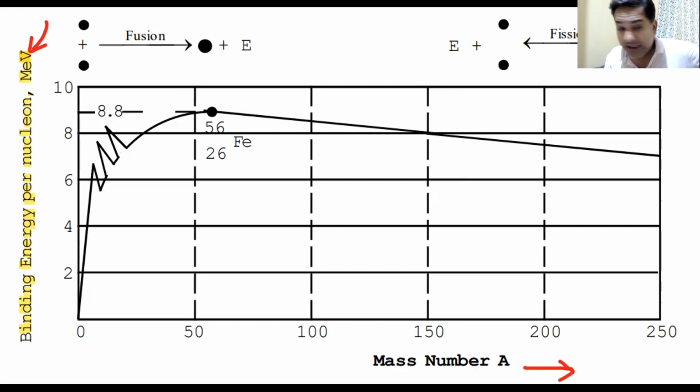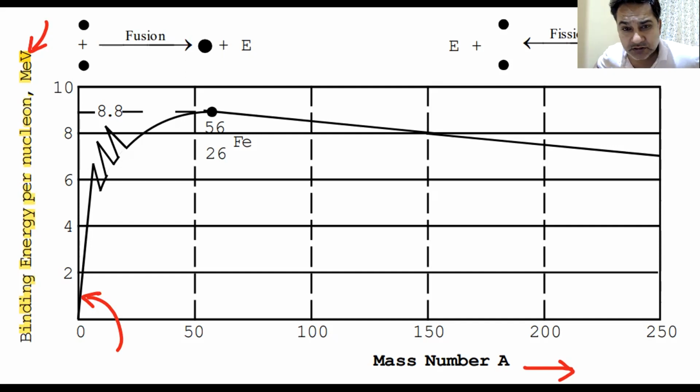Yes, sir. And as you can see now very clearly, when the mass number is very low, the binding energy per nucleon is very less. Yes or no? Yes, sir. That means smaller nuclei are not very stable. Do we understand this? Yes, sir.